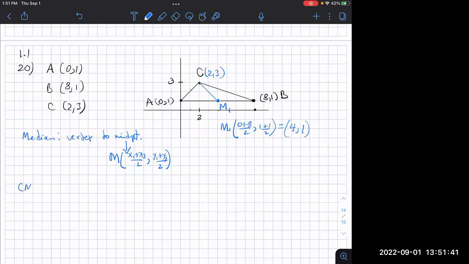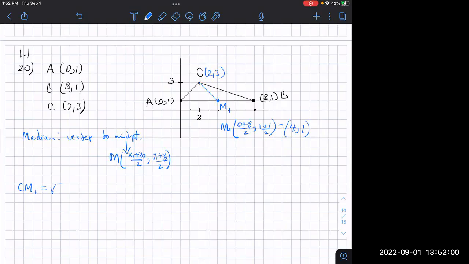Then CM1 will be the length of this line segment. So now we apply the distance formula to those two points, 2, 3 and 4, 1.